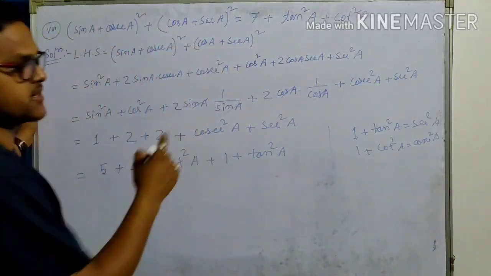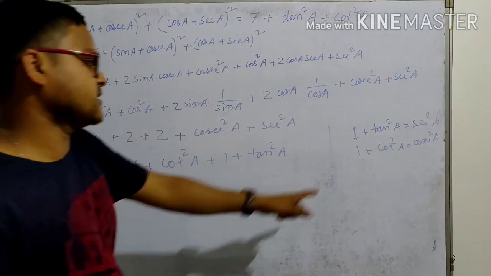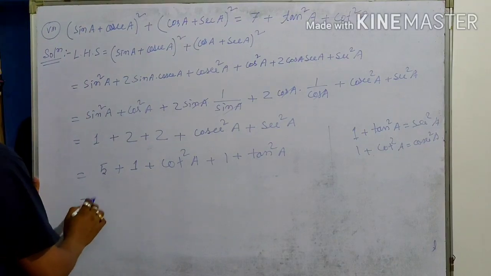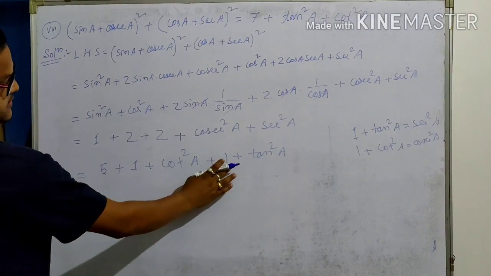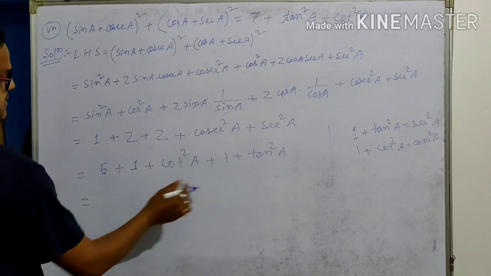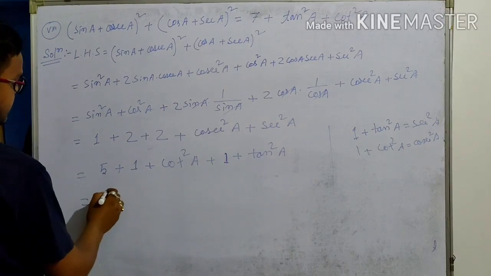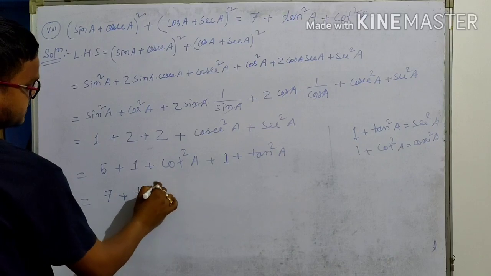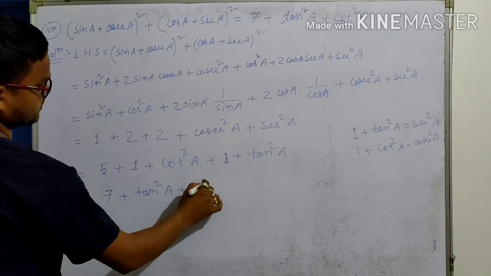We know this is the first identity, second identity, and this is the third identity. Okay. So 5 plus 1 is 6, 6 plus 1, we will get 7. Finally we will get 7 plus, and you write first tan square a, and you write cot square a.